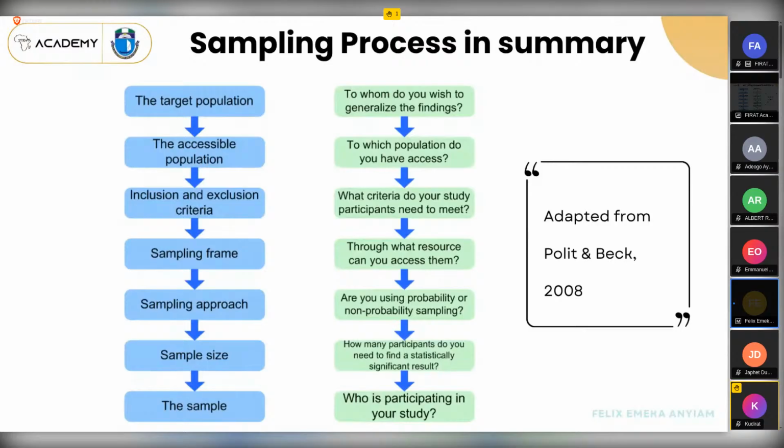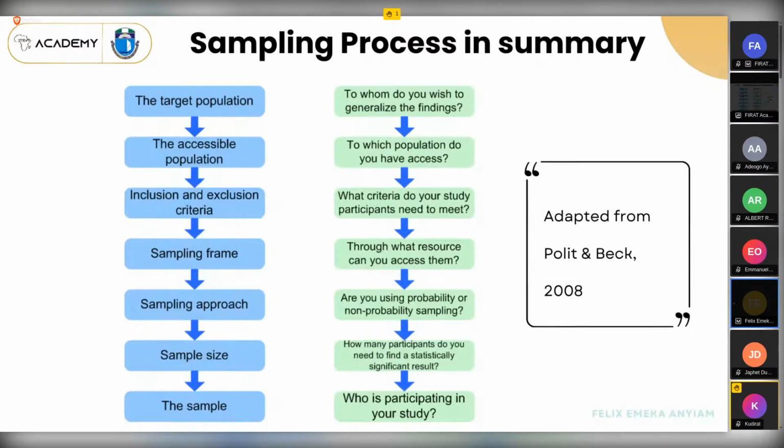So you have to know your target population and also your accessible population, those that are accessible, that you can administer the questionnaires to. All right. Then the inclusion and the exclusion criteria, which I had talked about: those that meet the inclusion criteria and those that do not.